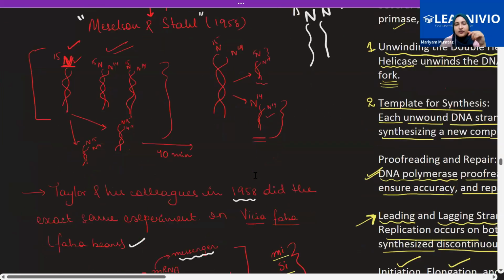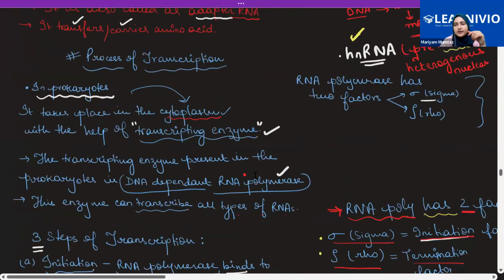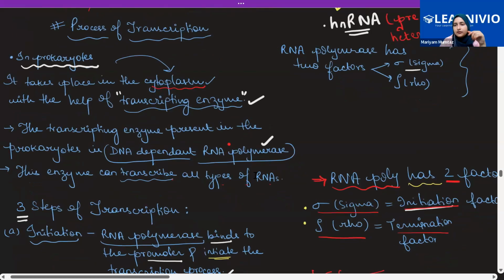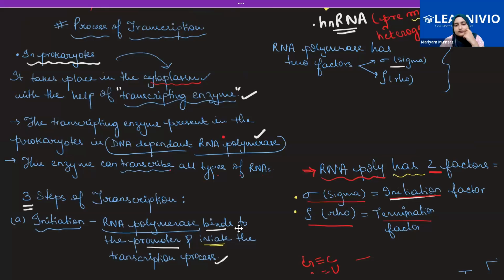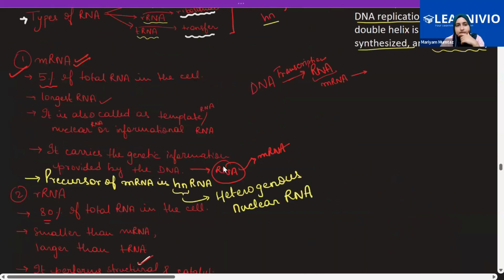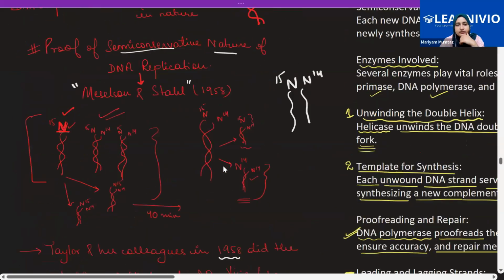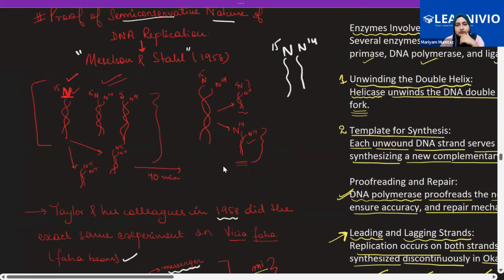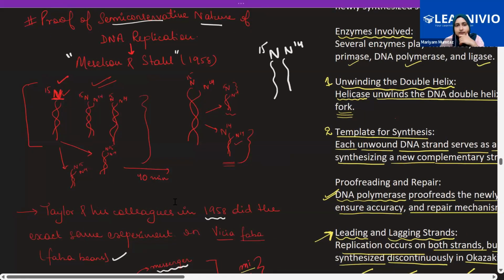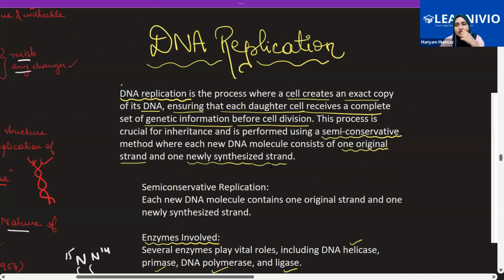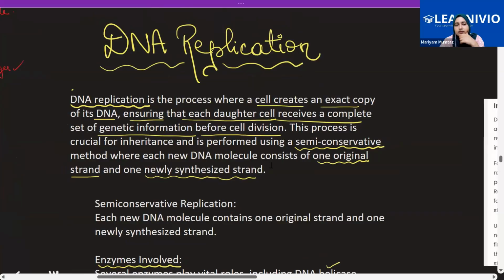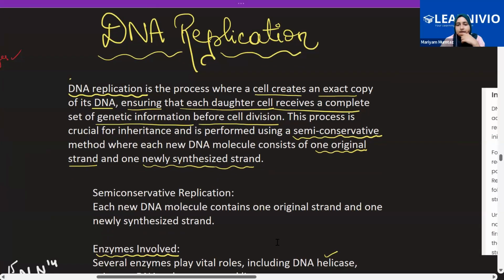You start writing from transcription. No, we didn't finish writing the proof for the semi-conservative nature of DNA replication. This part you've not written. So DNA replication you have to do. Okay, you can note it down.